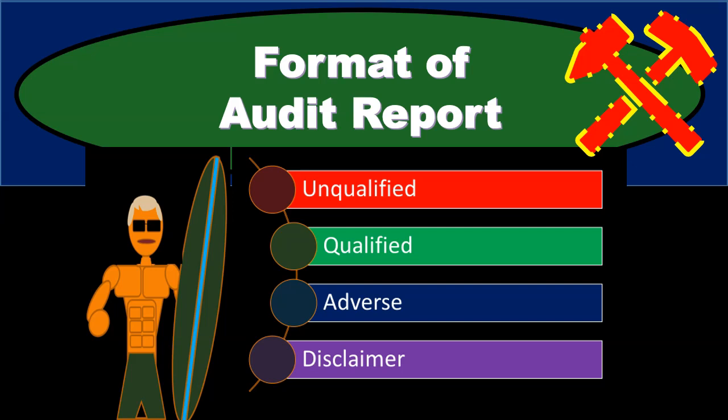And therefore, we have a pretty good idea of the format of the audit report at the end of the process. However, there are certain conditions which may restrict us from having that standard format to basically issue an opinion saying, hey, the financial statements are in accordance. We're going to want to know exactly what those differences are so that we can then standardize what the audit report will look like if we have some problems, some areas where the financial statements do not line up exactly as we would hope, where the audit doesn't go exactly as we would hope, where we can't issue a clean type of presentation.